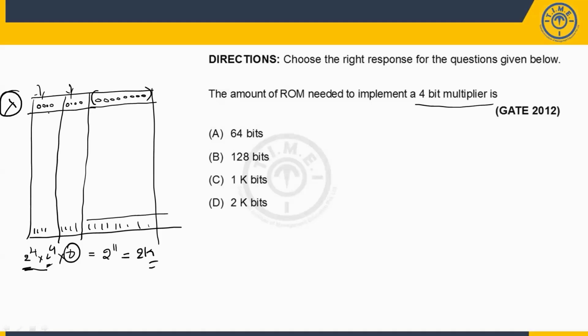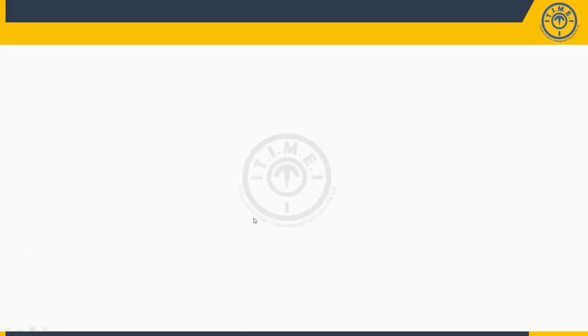Initially, for the multiplicand, we require 2 power 4 combinations. For the multiplier, we also require 2 power 4 combinations. For each combination, we require 8 digits, right? So that is 2 power 4 into 2 power 4 into 8, which is equal to 2 power 11. Are we clear? Yes, sir. That is 2K bits.